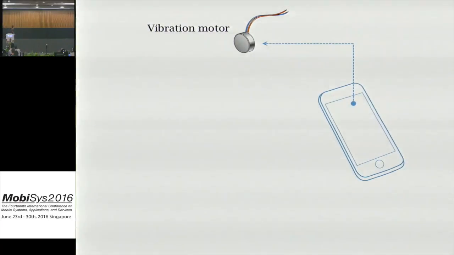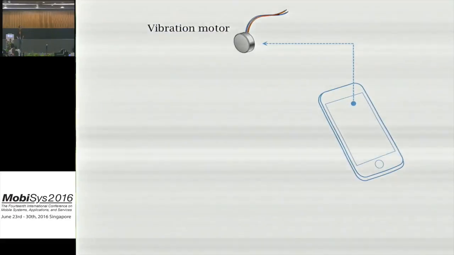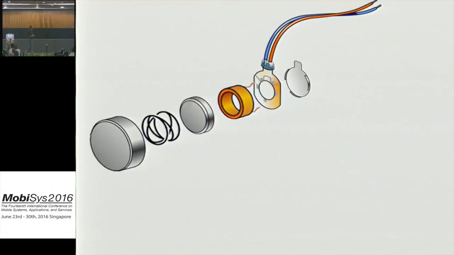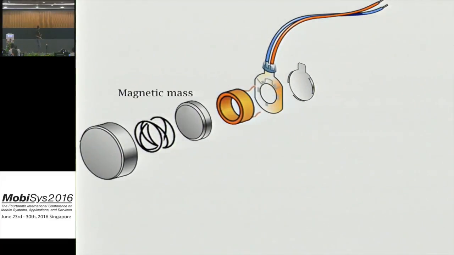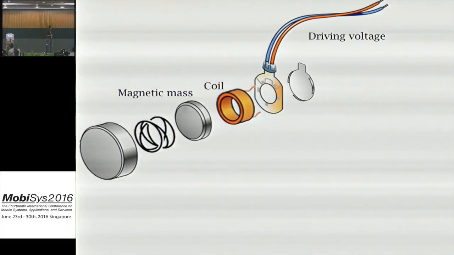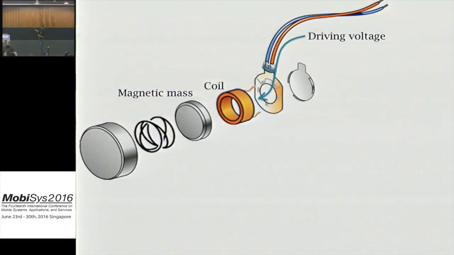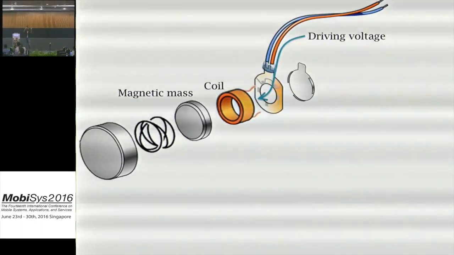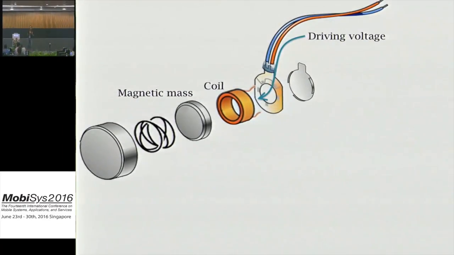Now we've been playing with this vibration motor for a while, and if you zoom in on what's inside it, you will realize that it's actually a small magnetic mass positioned inside a coil. When you drive electrical voltage through this coil, an electromagnetic field is generated which makes the small magnetic mass move back and forth.